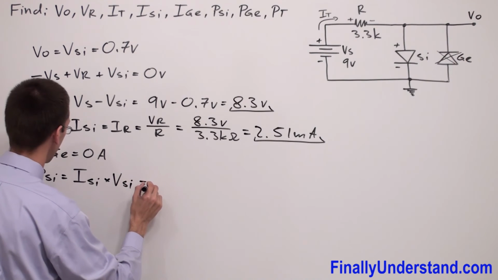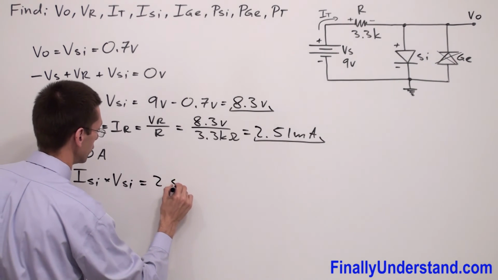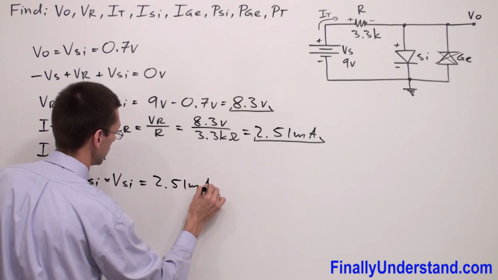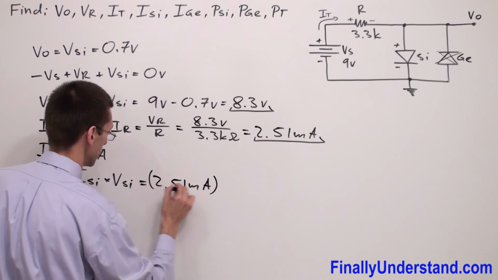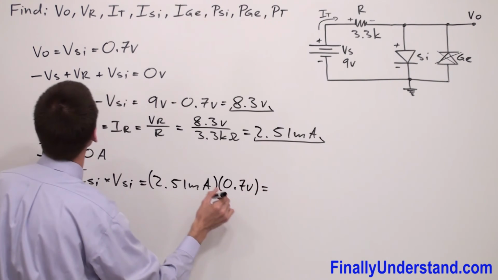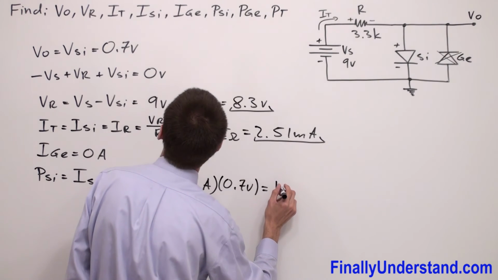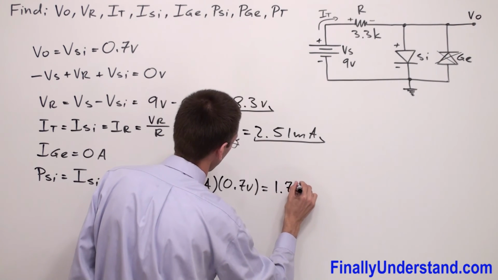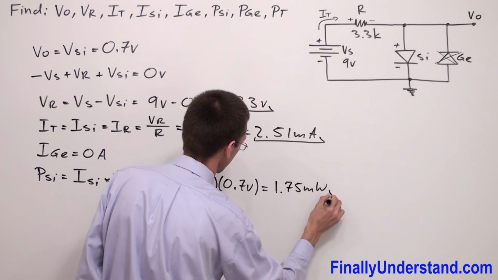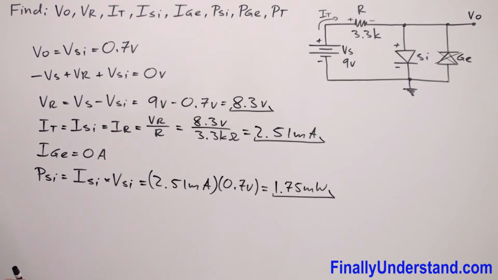Okay, so I silicon is equal to 2.51 milliamps times 0.7 volts. Everything is equal to 1.75 milliwatts. Okay, so this is the power at the silicon diode.